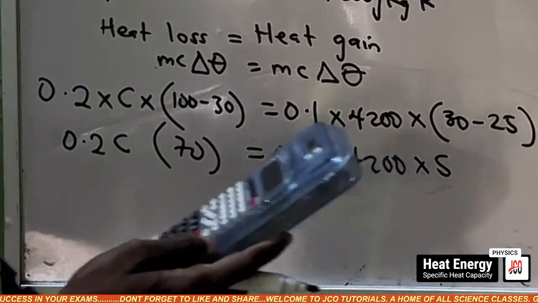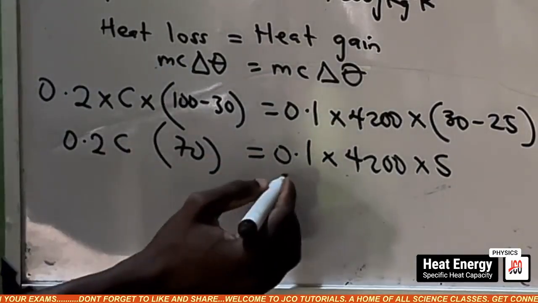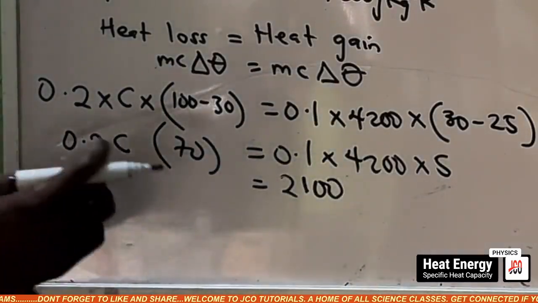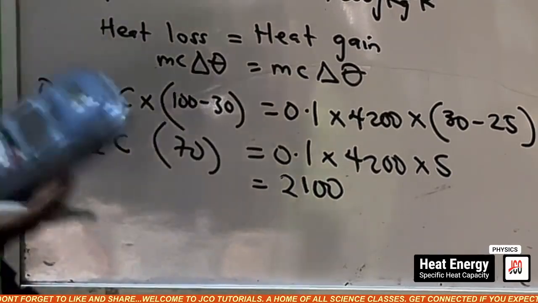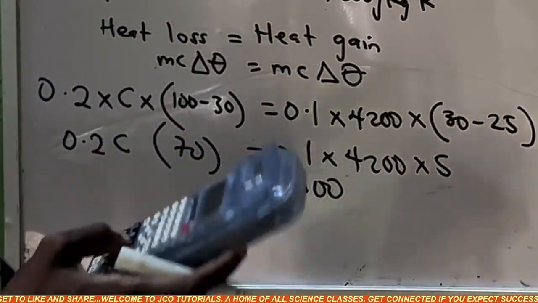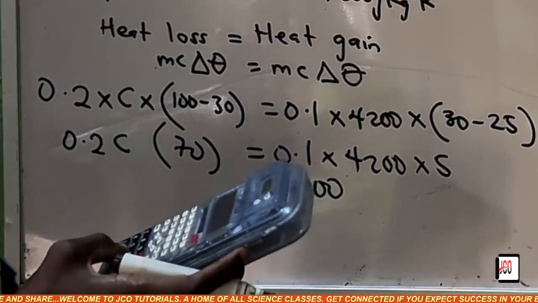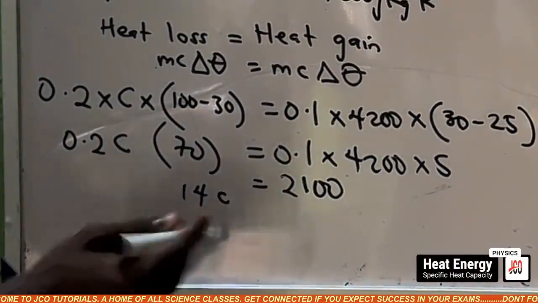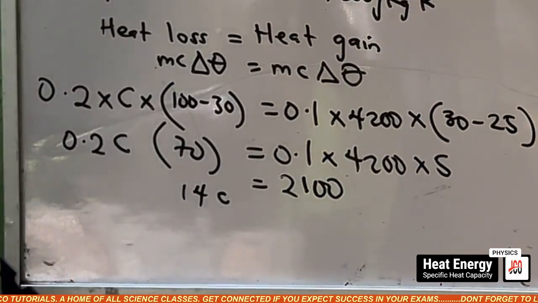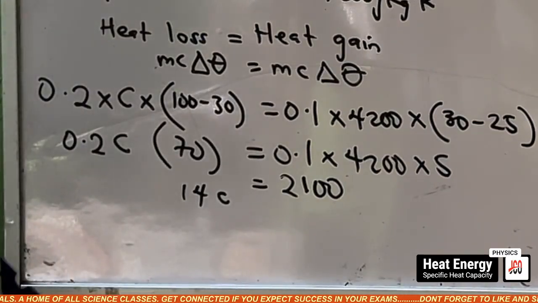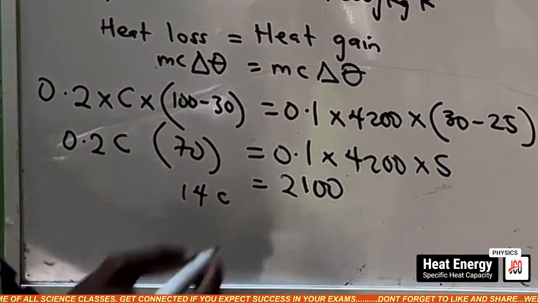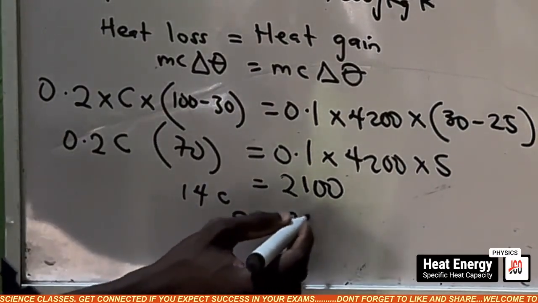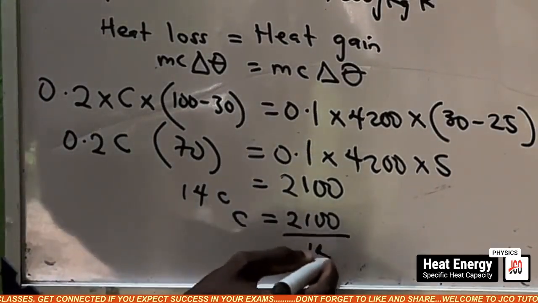You have 2,100 here. On this side, 70 times 0.2 gives us 14. So 14C on this side. Then finally, as we progress further, we're going to divide by the coefficient, which is 2100 divided by 14.